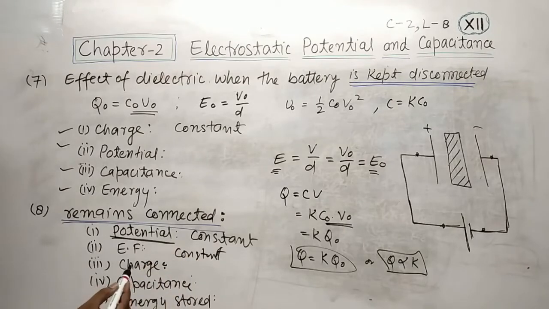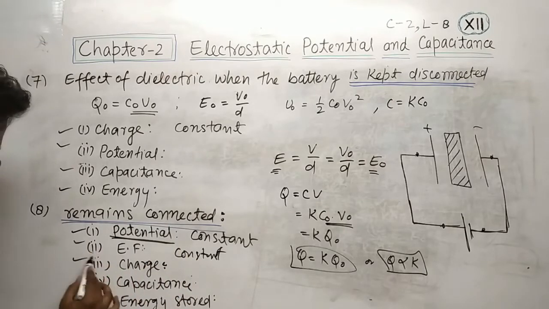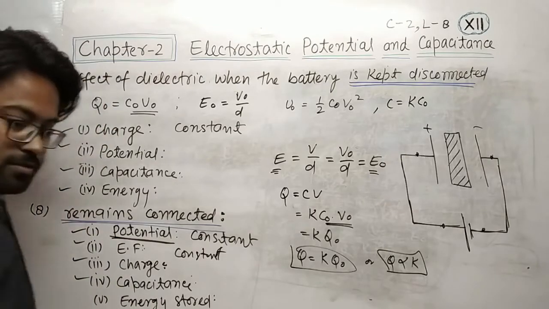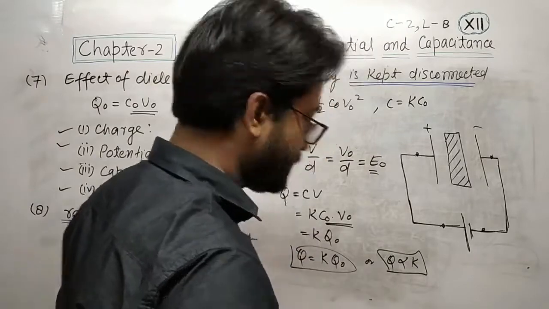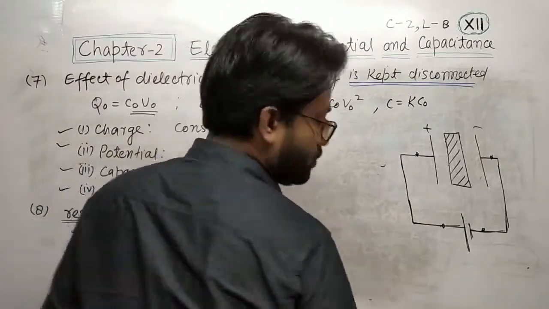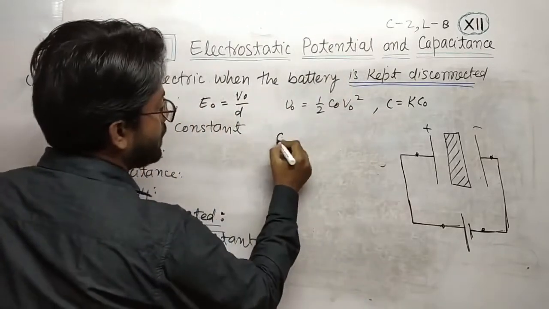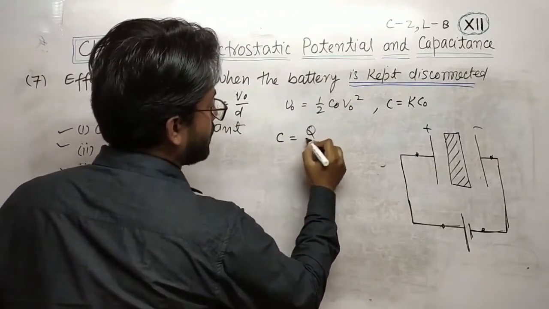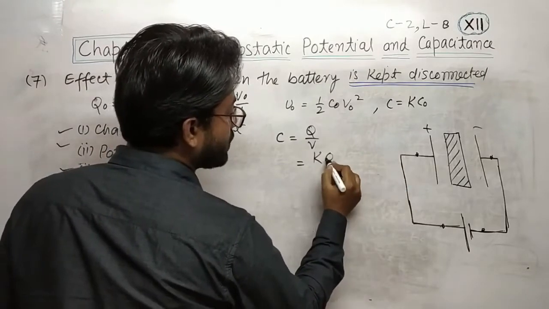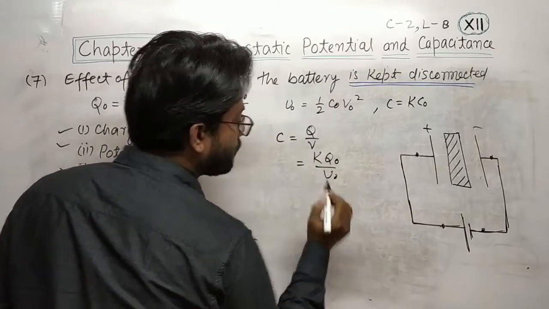Next point is capacitance. What will happen with the capacitance? C is equal to Q upon V. Q is equal to K times Q naught and V is equal to V naught.